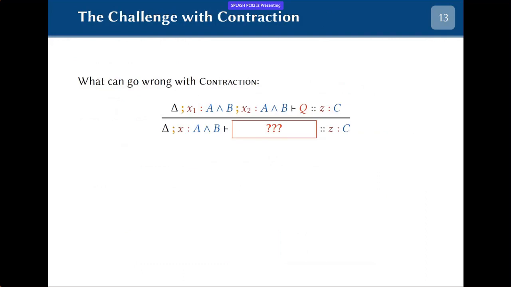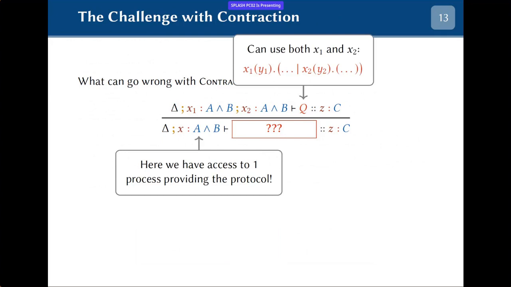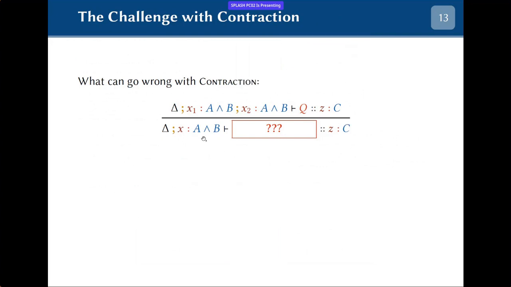So let's see what can go wrong with contraction. What is the challenge in providing a process interpretation for contraction? The idea here is that the process Q can use, so we are looking at an example application of contraction. We have a hypothesis A and B, which we are duplicating in the context, right?